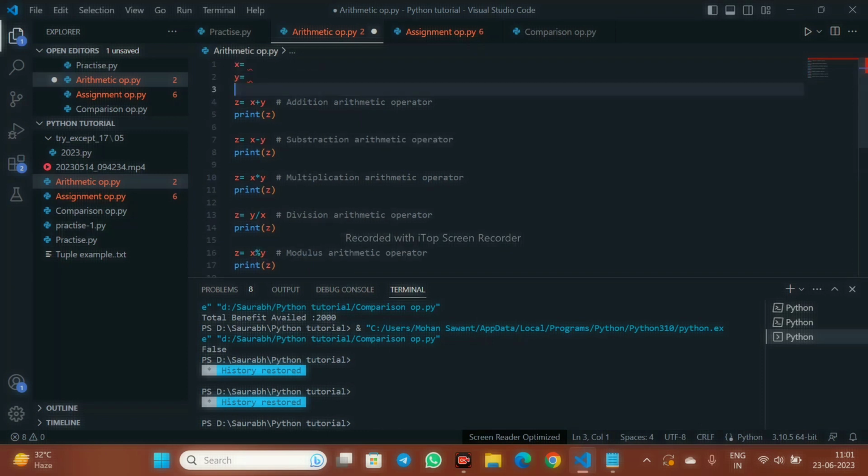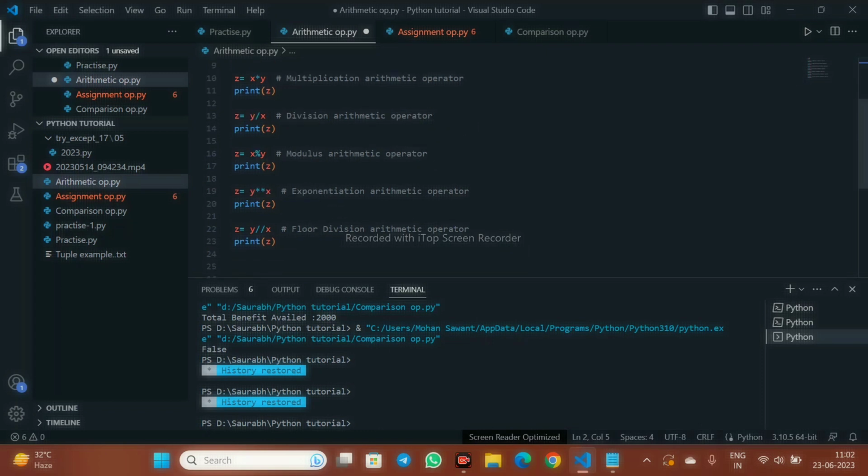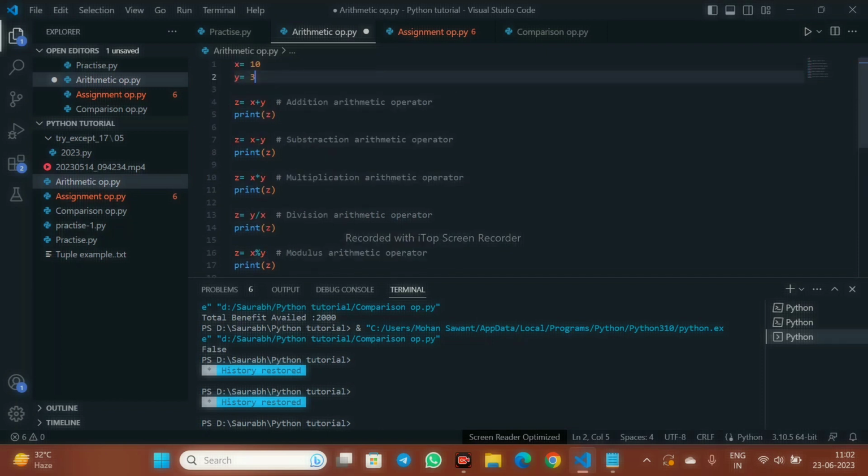So let me show you. Here I will put x is equal to 10 and y is equal to 3. So all the operators I will put here. The main operators are generally modulus, exponential and floor division. The rest of the remaining operators are the same, like addition, subtraction, multiplication and division. You know about that.